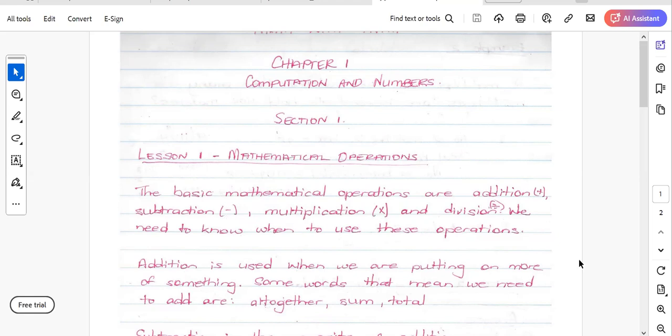Those are our basic mathematical operations. So before we continue, you have to ensure that you know how to use these four basic operations. If you do not, then we would have to go through it one at a time.